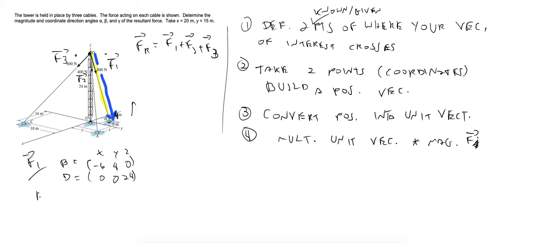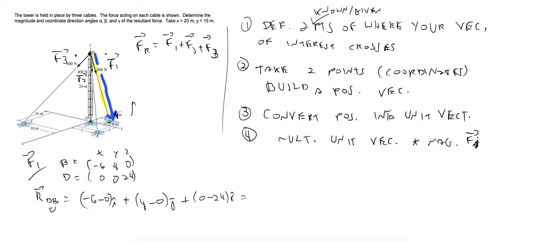Building our position vector, very important. This is how it goes. The tail goes first, and then the tip goes later. So it's R dB, but when we construct it, we do B points minus D points. That would be minus 6 minus 0, I, because they're all X, plus 4 minus 0, J, plus 0 minus 24.